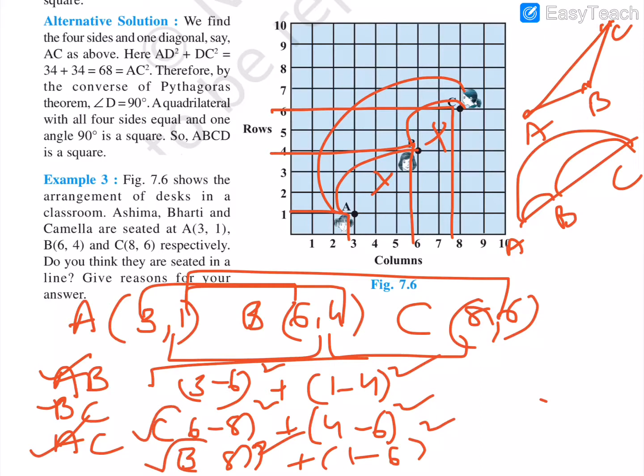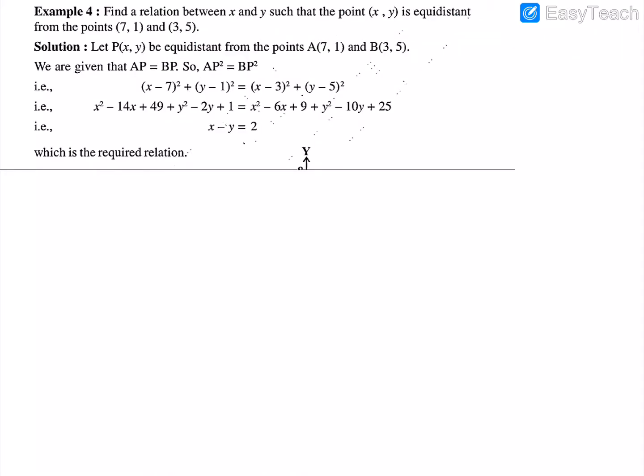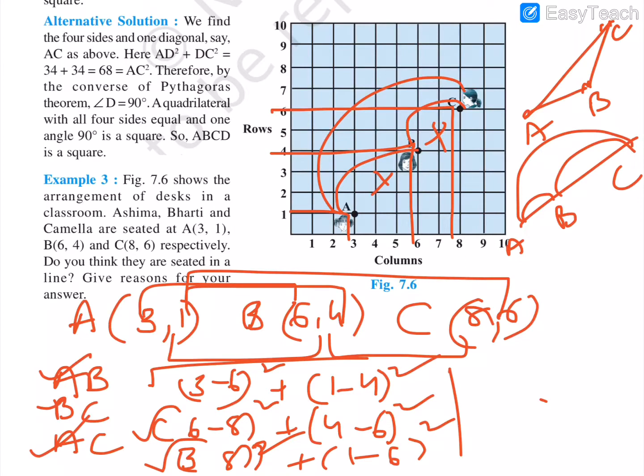Of course, all under square root. So when you simplify this, you will get the distances, and look at the example, the solution is given there. If the distances are adding up, we can say yes, they are in a straight line. If you are adding two distances and not getting the third one, you can say they are not in a straight line.